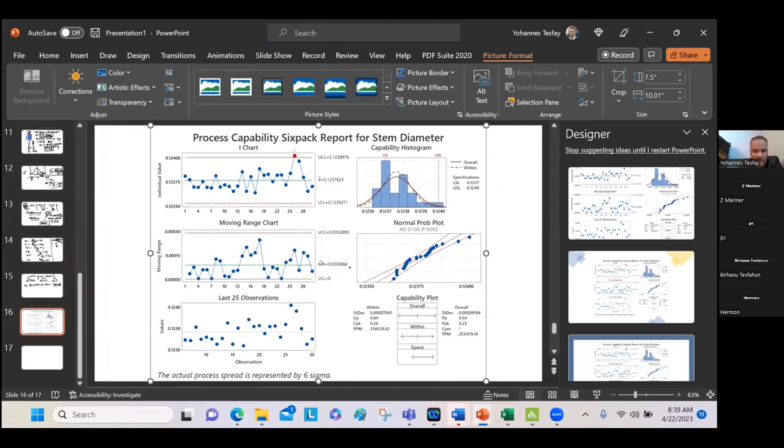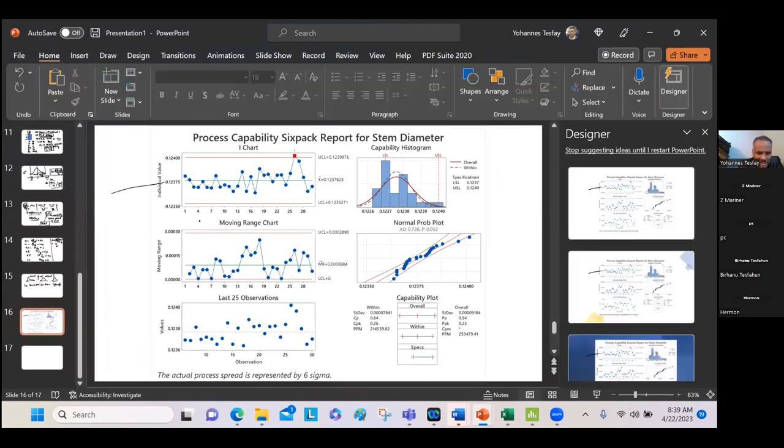So now, first, this is SPC, isn't it? These are the I chart and moving range. This process is not accurate because of this observation, but this process is precise.